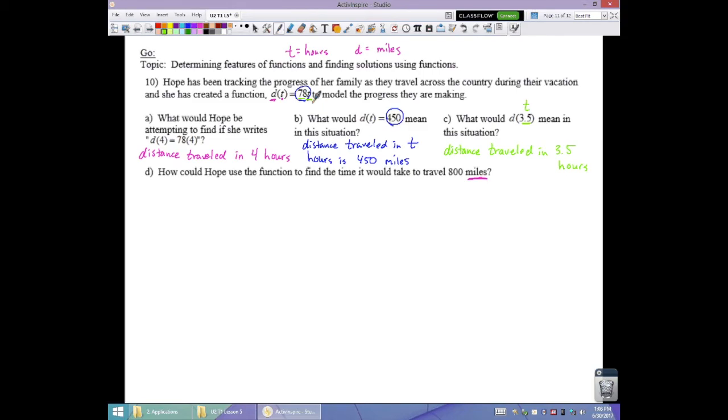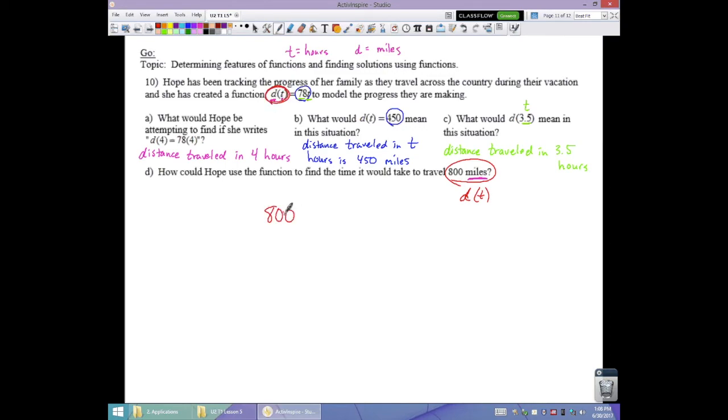And lastly, part D, how could Hope use the function to find the time it would take to travel 800 miles? Well, since 800 miles is the D in the problem, it means we want to replace D of T with 800.